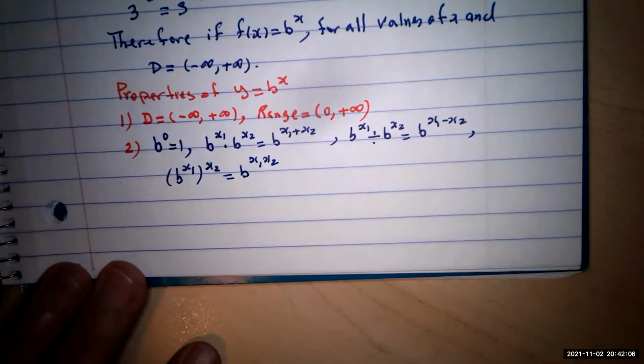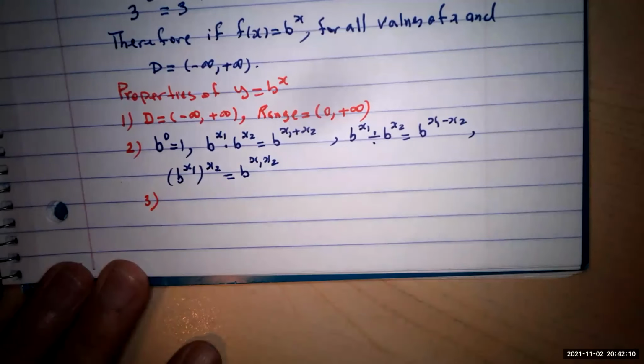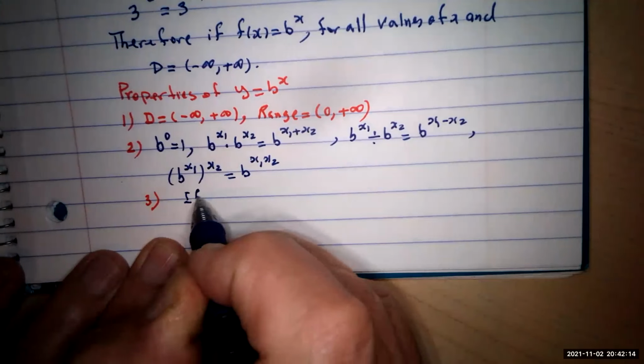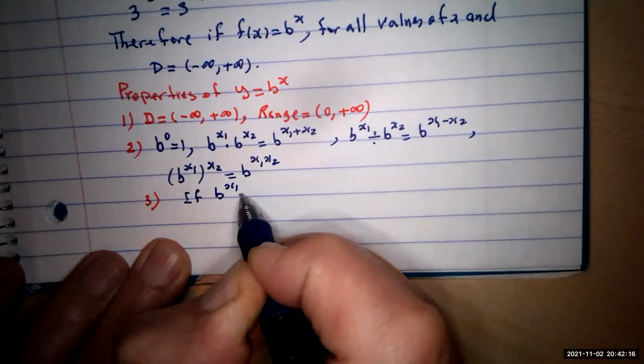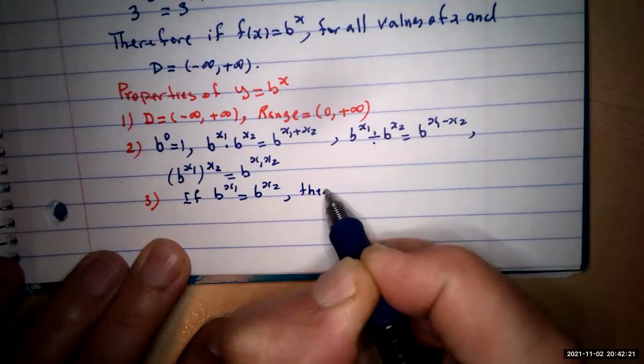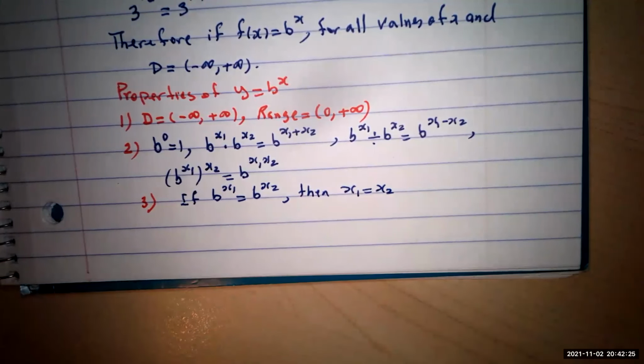And there is another property, we call it the one-to-one property. We are going to use it in order to solve equations. That's the case that if b to the x1 is equal to b to the x2, then x1 is equal to x2. In algebra, we call this the one-to-one property.